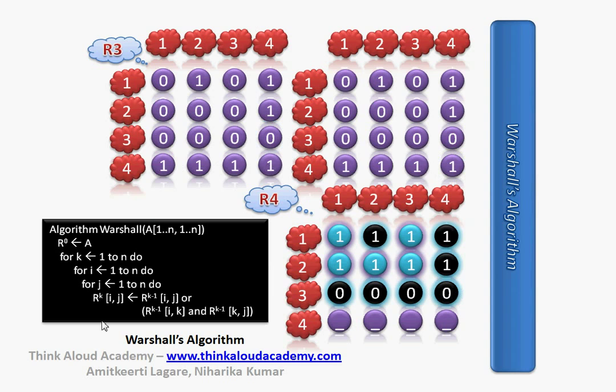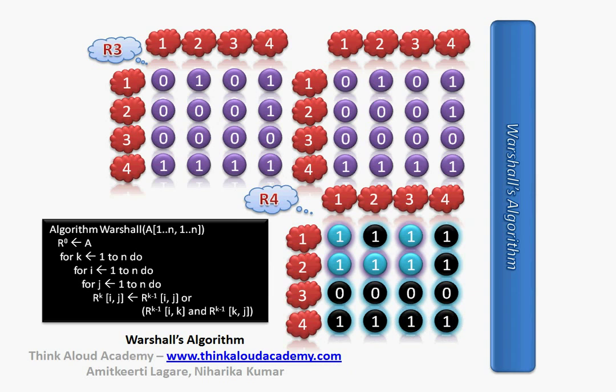For the next step, first R4's 1 2, I check whether R3's 1 2 is 1. So since it is already a 1, I write 1 here. Next, I calculate R4's 1 3. First I check whether R3's 1 3 is 1. No, this is not 1.